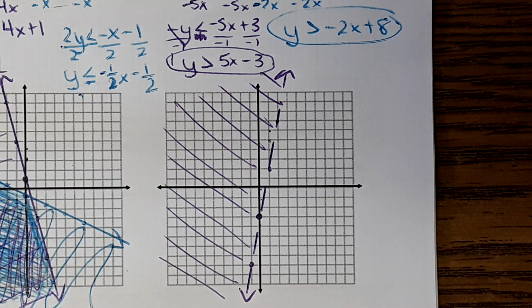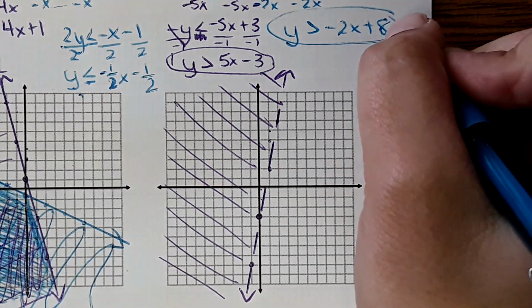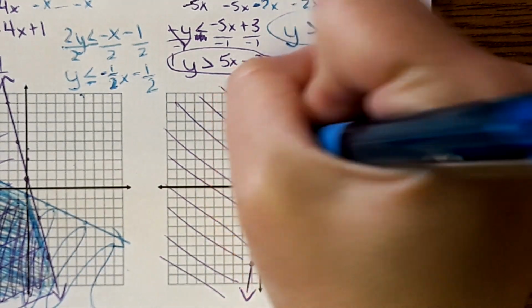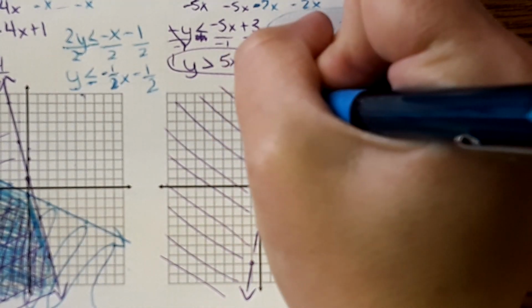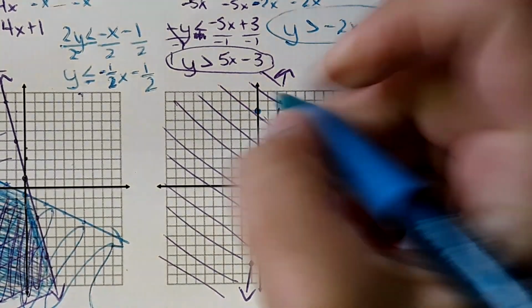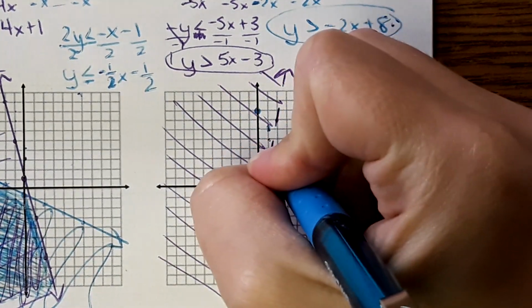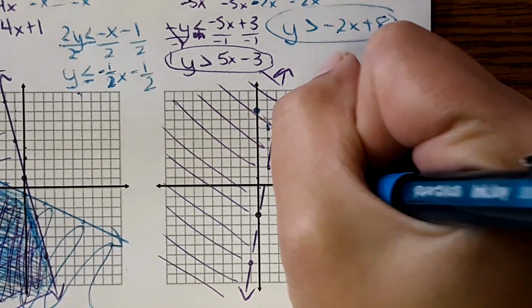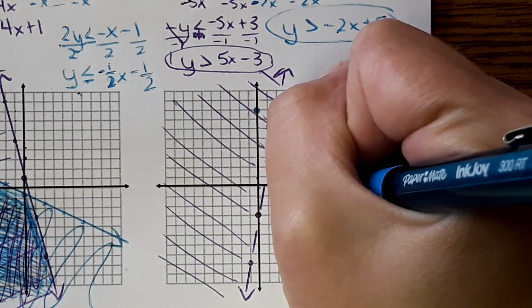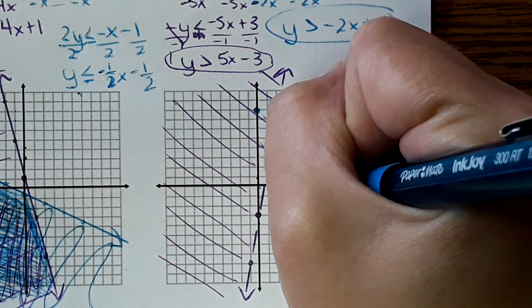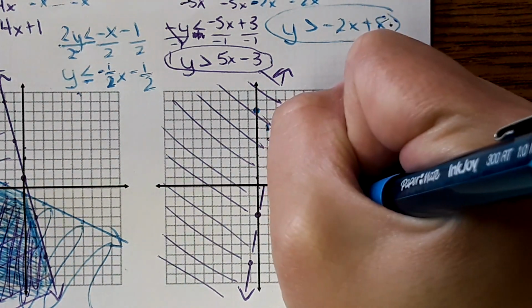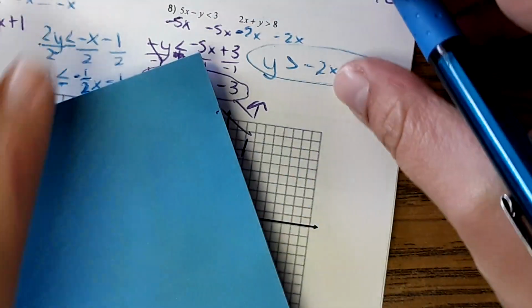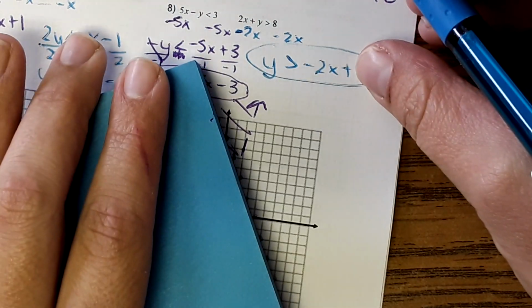And the next one, the y-intercept is 8. And then the slope is negative 2, down 2 over 1.